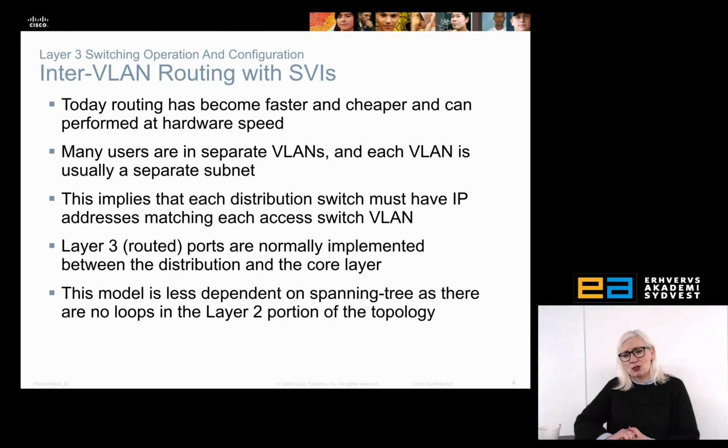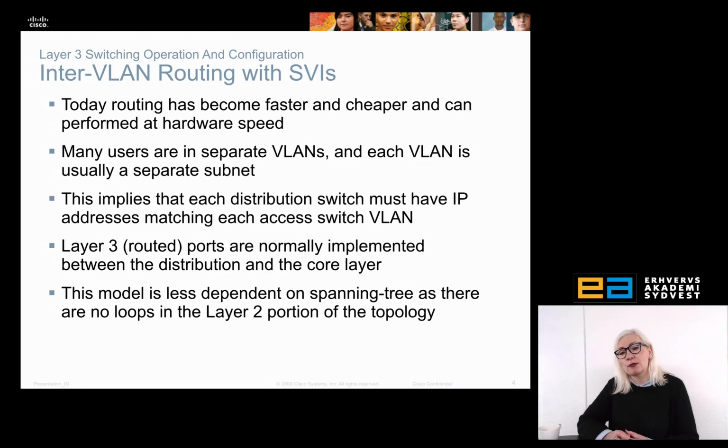And this solution is much faster because routing and multi-layer switching has become much faster over the years, and it's also much cheaper. And you already have your VLANs. Now you just create a virtual interface for each VLAN, and then you can route between them, depending on what else you need.